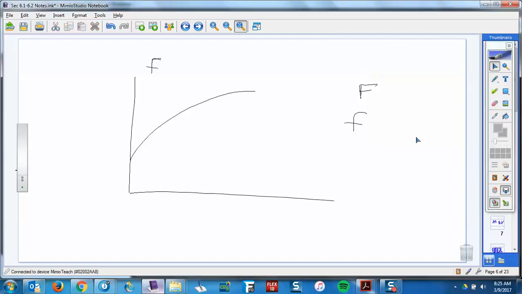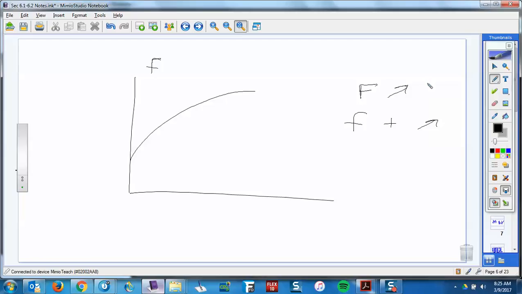So if we think of the chart, this is the little f graph, right? What is the little f graph? It's positive, right? So what would this graph be? Increasing, right? This graph is also increasing.